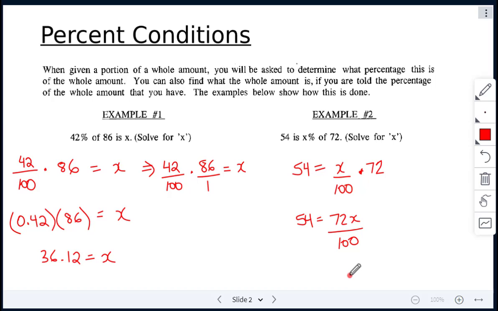We're still trying to figure out X, so here I would use cross multiplication. I'm just going to put this over 1. We'll multiply these two numbers together: 54 multiplied by 100 gives me 5400, which is equal to 72X.